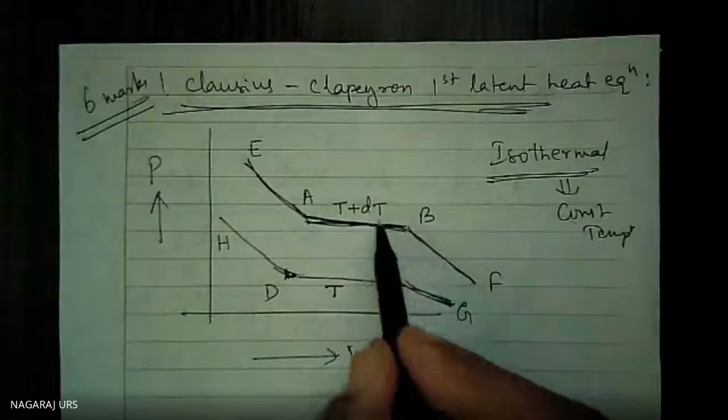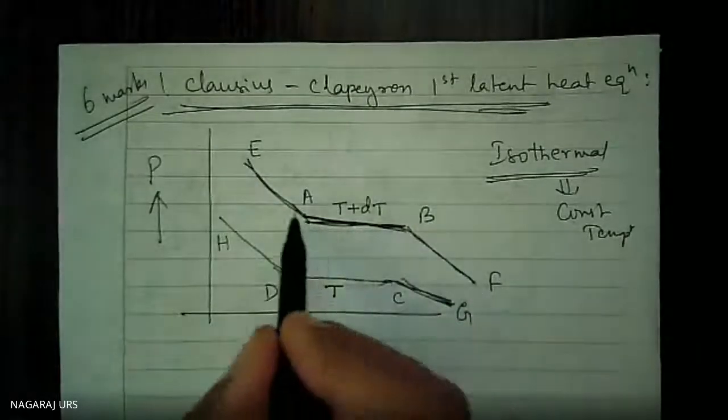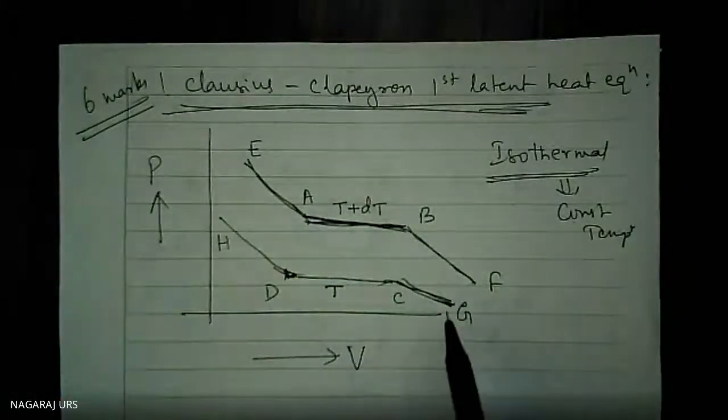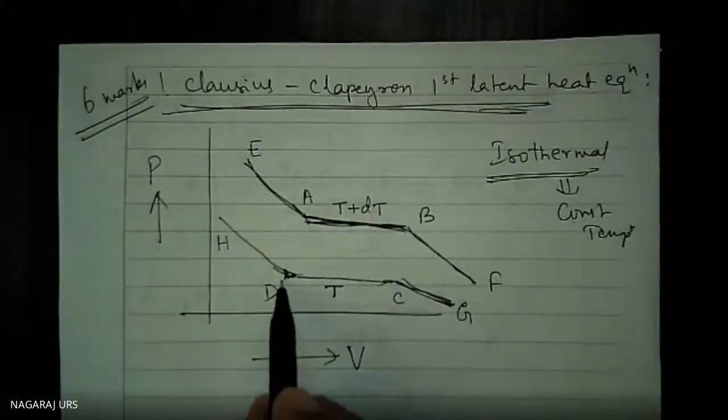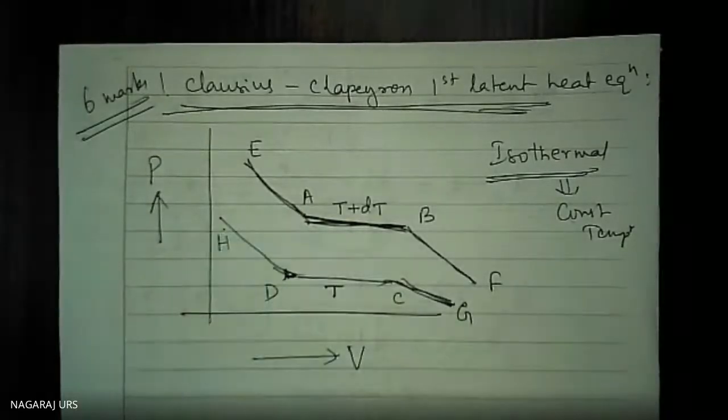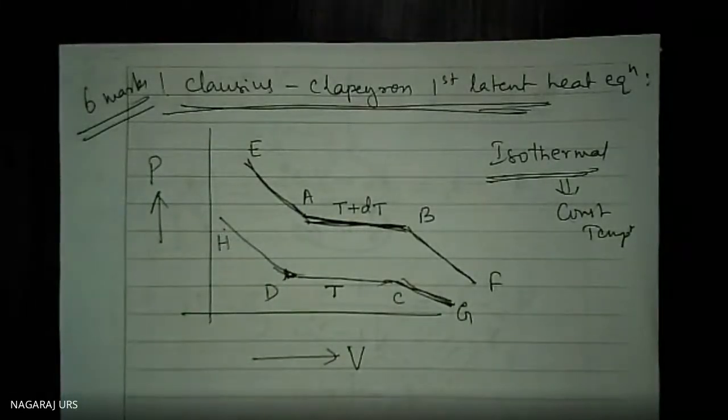FBAE is one isothermal curve. GCDH is another isothermal curve. Both are different isothermals.